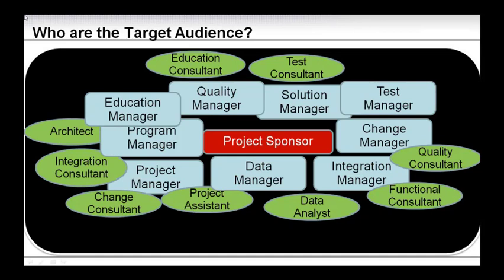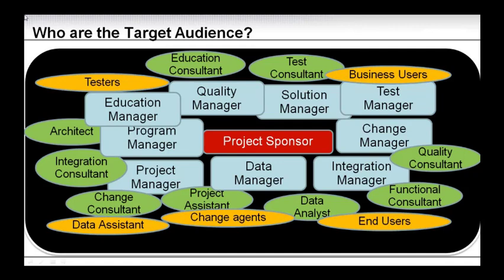Now there needs to be a wider team, so there is a number of different roles surrounding the leadership. That can be technical architects, integration consultants, change consultants, project assistants, functional consultants, a lot of different consultant or analyst roles.